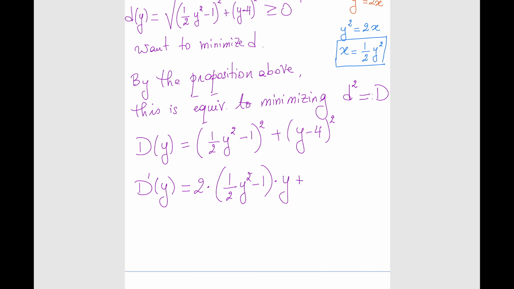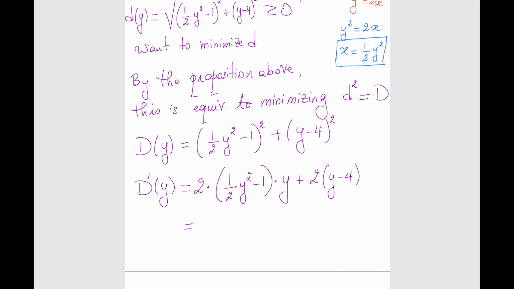Plus the derivative of the second term, which means 2 times (y minus 4) times the derivative of y minus 4 with respect to y. Obviously, I'm differentiating, so the derivative of y minus 4 with respect to y is 1. So this is technically times 1, but this means this, right? And let's simplify.